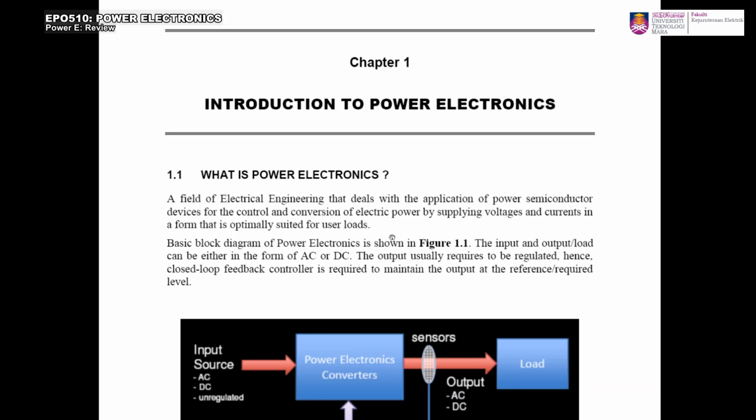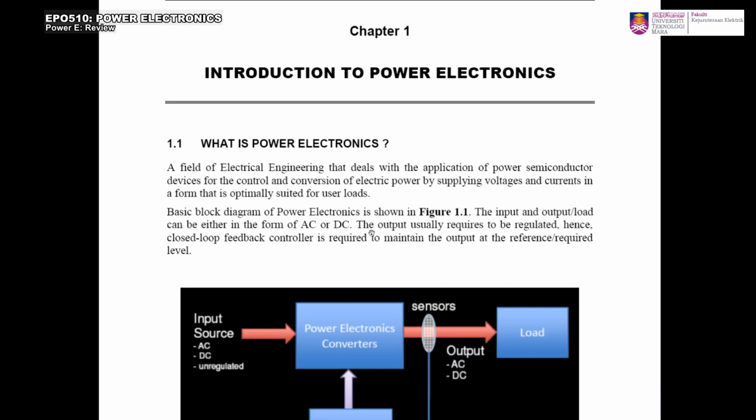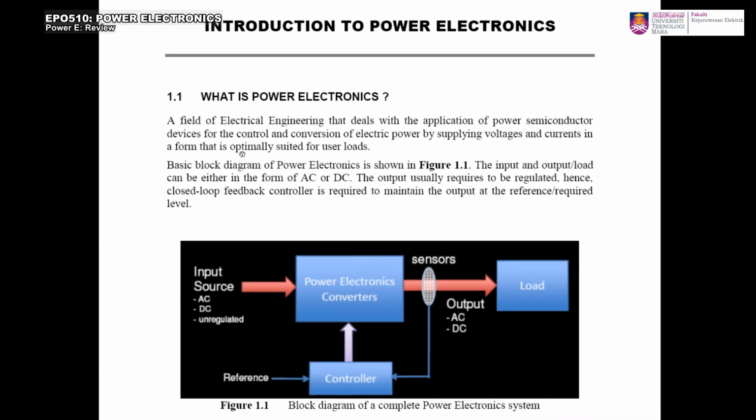For chapter 1, there's an introduction to power electronics. What is power electronics? The definition of power electronics: a field of electrical engineering that deals with the application of control and conversion of electric power, by supplying voltage and current in a form that is optimally suited for the user load.